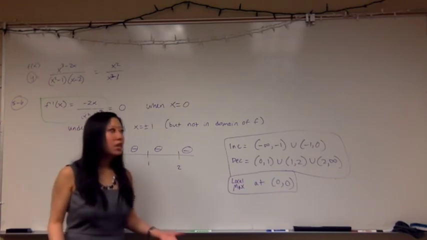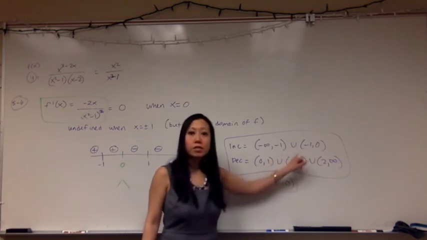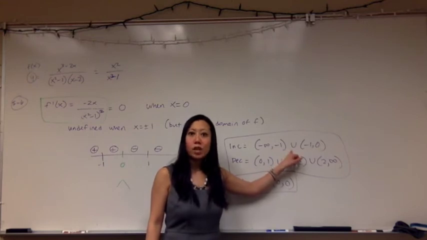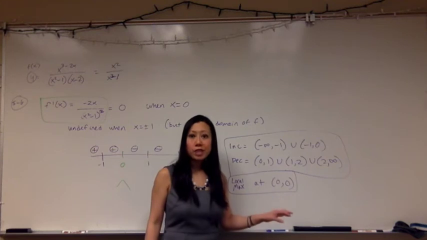So I have to keep it split. I cannot combine this into one interval, even though these intervals are adjacent, because the function can't be increasing at negative 1 if the function doesn't exist there. So always open intervals for intervals of increasing and decreasing.